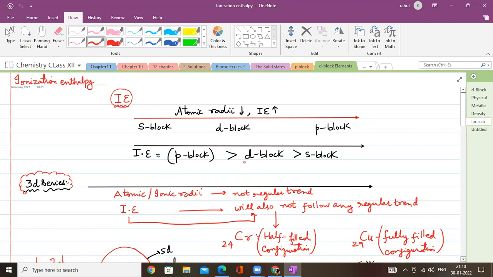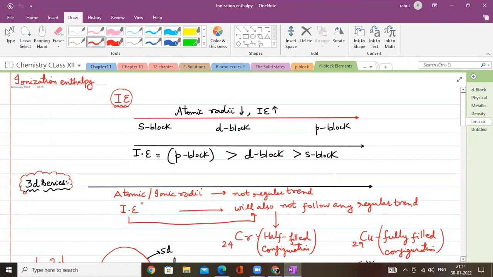Of course, since D block is in between P and S, the D block ionization enthalpy will be intermediate between S and P block, and the least is that of S block elements, because they are the best reducing agents. S block elements are the best reducing agents with maximum E naught values.